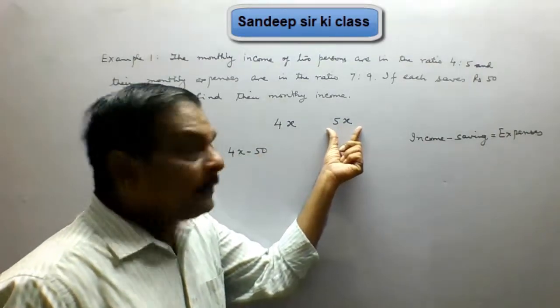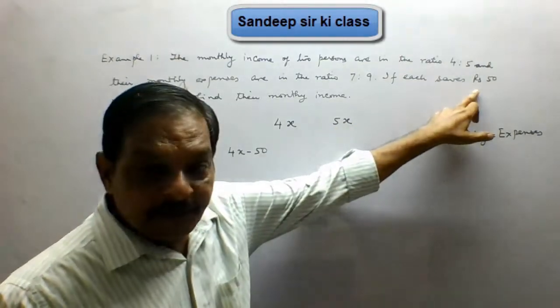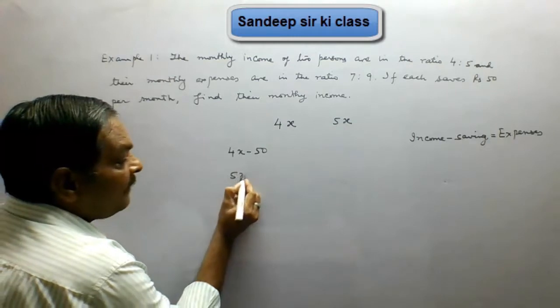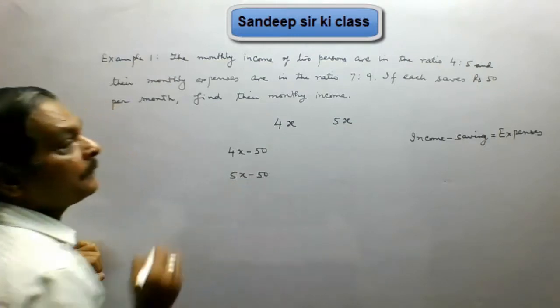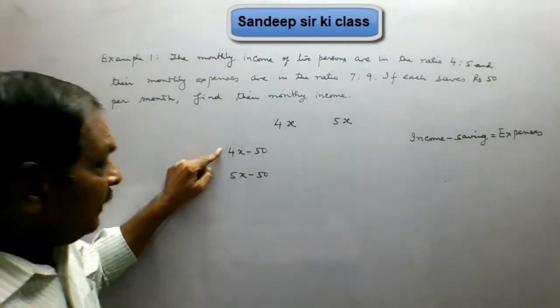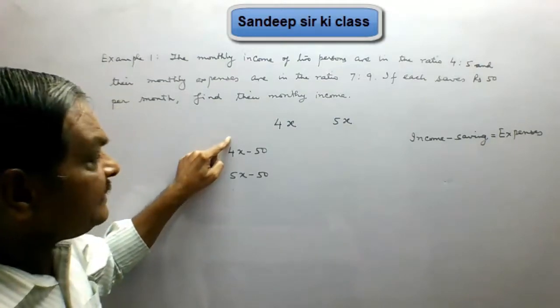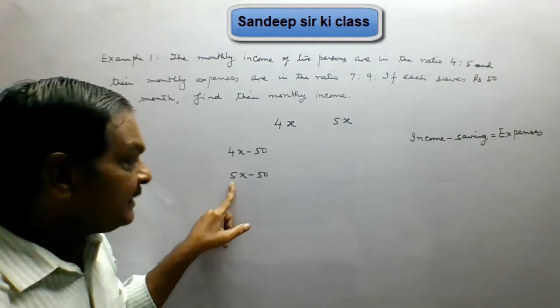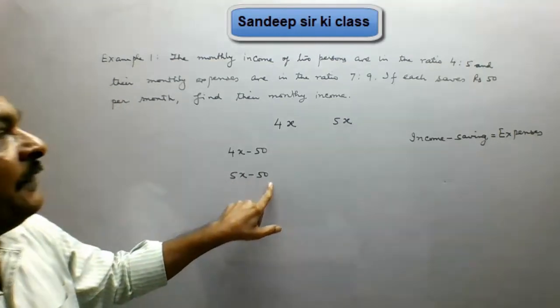And if the second person saves rupees 50, then his expenses will be 5x minus 50. So the first person's expenses are 4x minus 50, the second person's expenses are 5x minus 50.